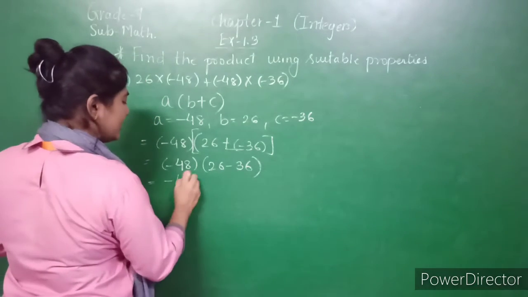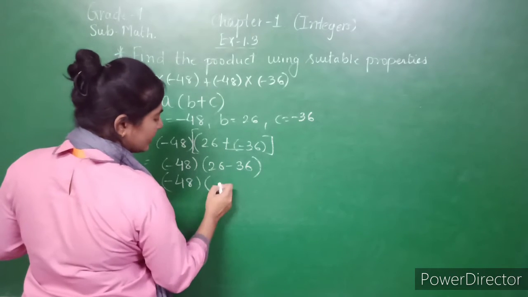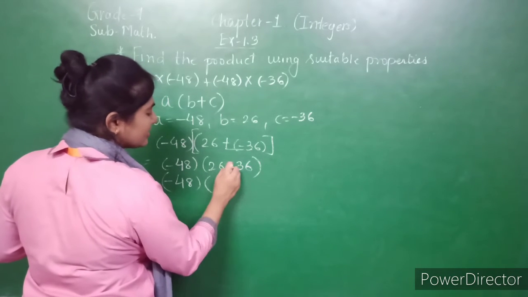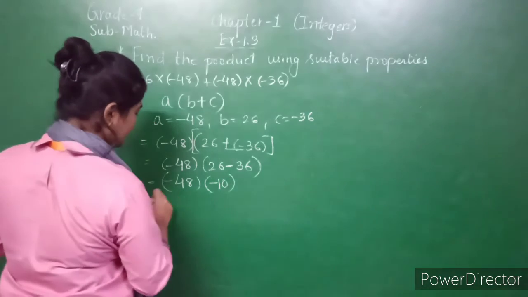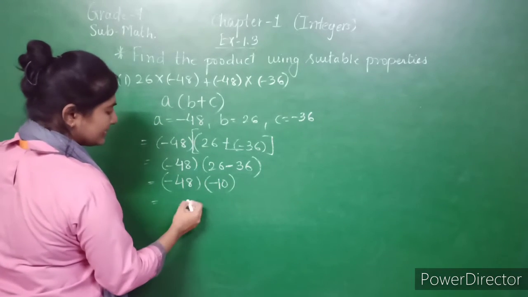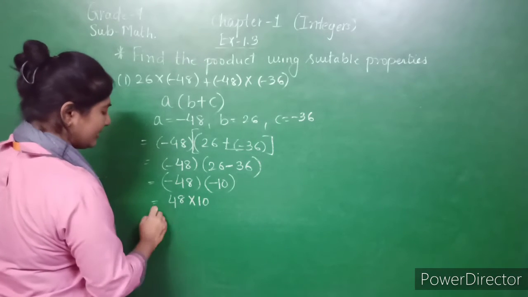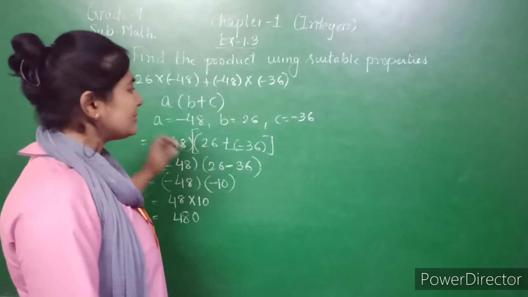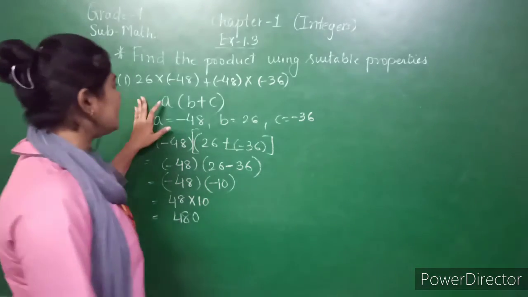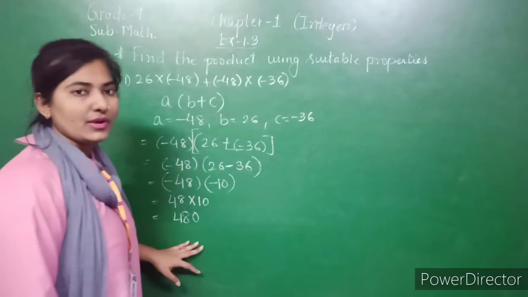So minus 48 and here it is 36 minus 26 it is 10 and we have to place the sign of the greater number. So greater number is 36, so here we have to put minus. So minus minus it is plus. So 48 into 10 that is 480. So this makes our solution easy. If we apply the different properties, this makes our solution easy. So our answer is 480.